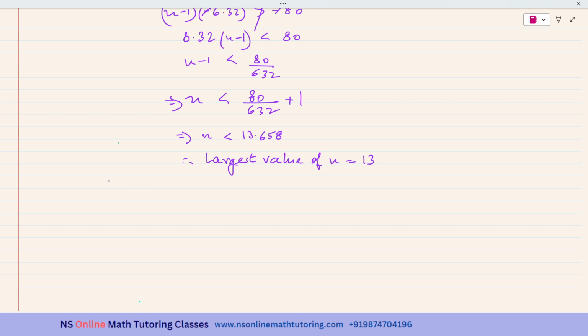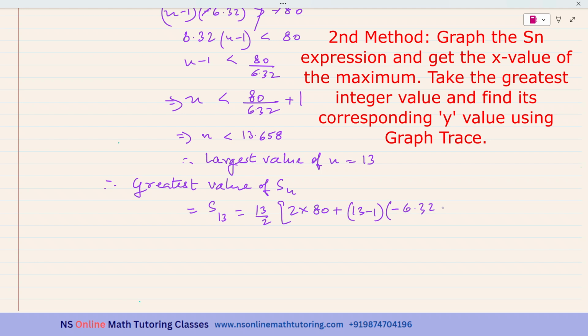So, therefore, the greatest value of Sn is equal to S13, which is 13 over 2 times 2 times 80 plus 13 minus 1 times d. Here n minus 1 is 13 minus 1 and d is negative 6.32.